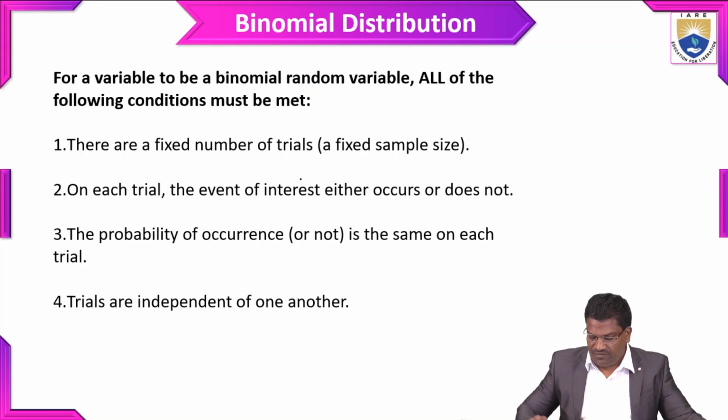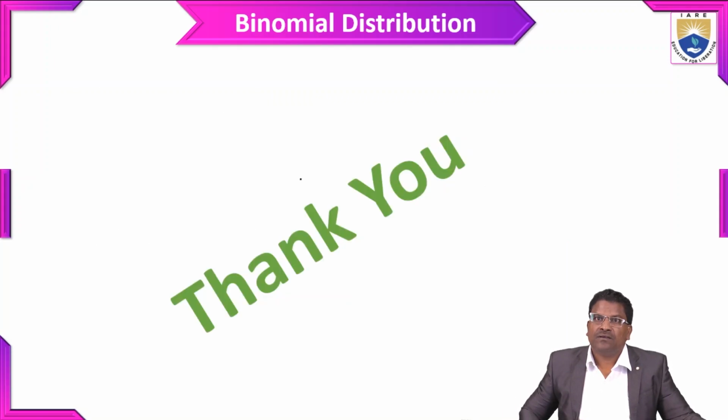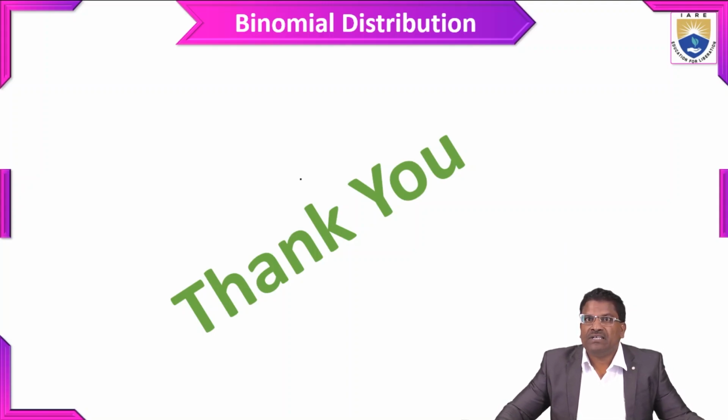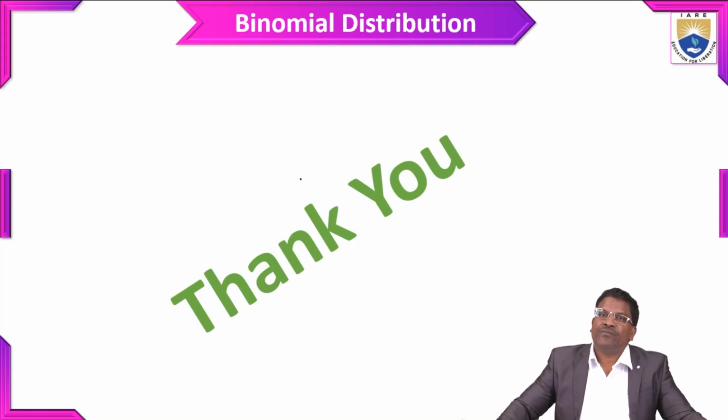Trials are independent of one another. So in this recapitulation, we have discussed again all these things of binomial distribution, we have elaborately discussed binomial distribution, and we have distinguished it from normal distribution.